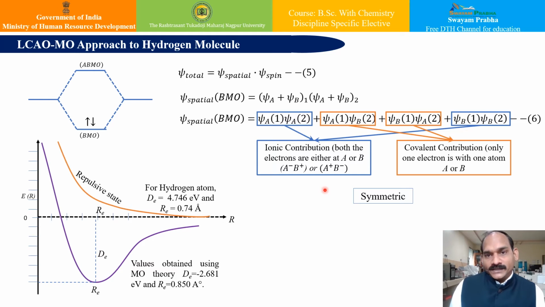So the quantitative analysis of the energy expression using the wave function gives an energy minimum at 31.9 electron volt and 0.74 Angstrom. Now this value is very high. When this energy is subtracted from the total energy of the two isolated atoms, we get a bond energy equivalent to 4.746 electron volt, which is larger than the hydrogen molecular ion, which we have seen earlier.